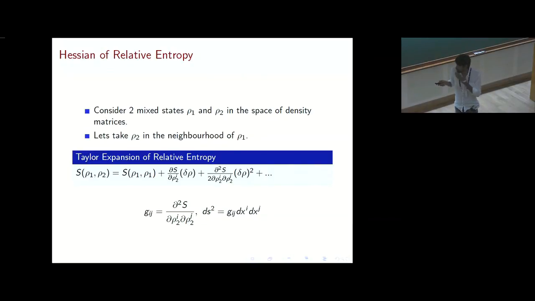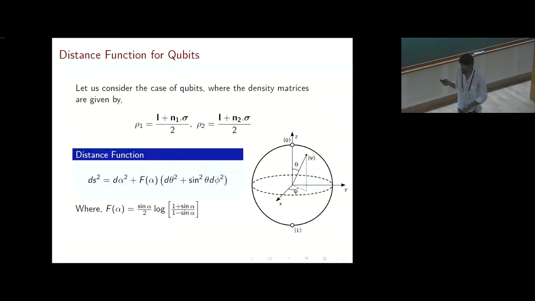After this, we calculated a distance function using this metric. We calculate the distance function for qubits. Any qubit can be represented using a vector on a Bloch sphere. If I have a state, it can always be represented by a three-dimensional vector n bar. For a qubit, when we calculated the distance function, we got ds squared equal to d alpha squared plus f of alpha d omega squared, where f of alpha is given by this function.